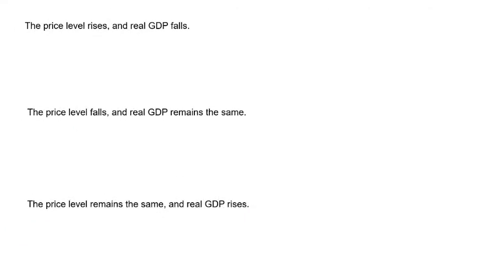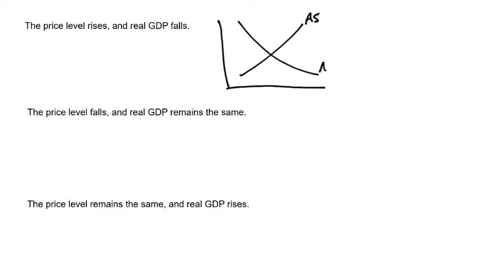We have more cases. Let's take a look at this one. The price level rises and real GDP falls. Once again, let's start with the initial equilibrium in our economy. And initially we're at P1 and real GDP 1. We want the price level to go up and the real GDP to go down. Okay, so I want to see what kind of shift would give us this result.